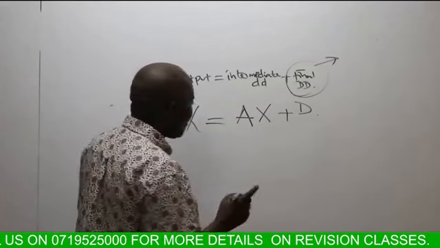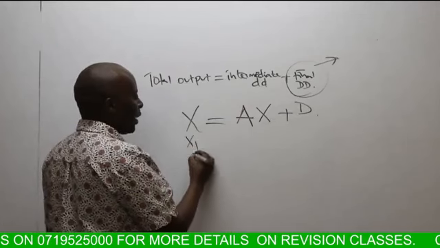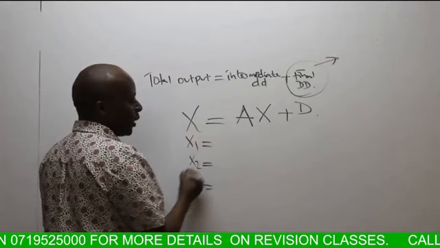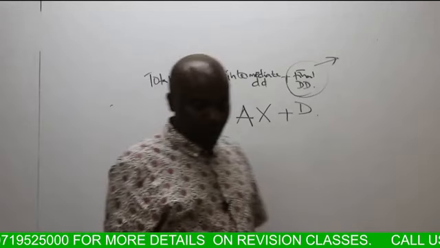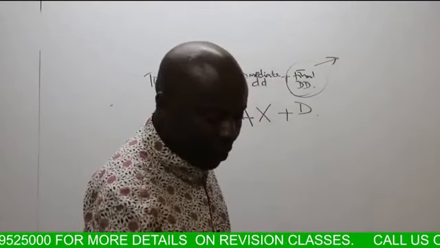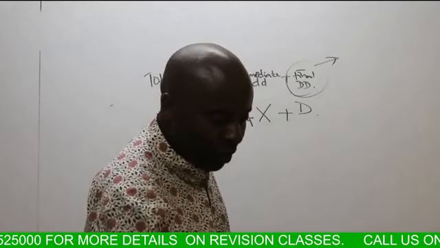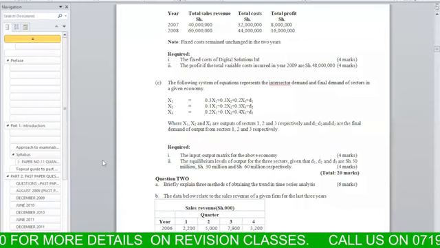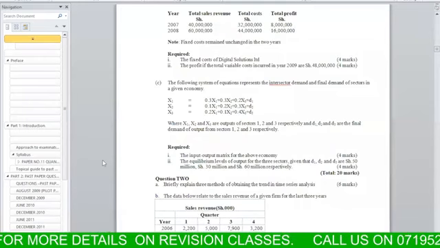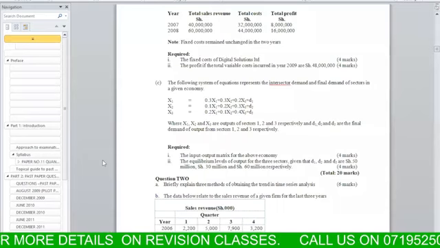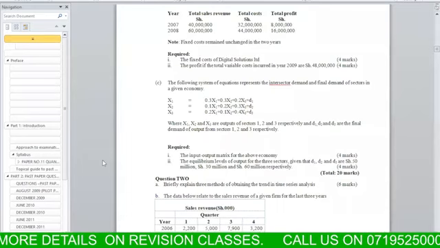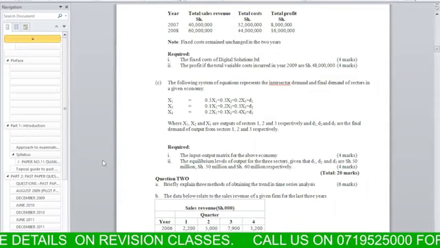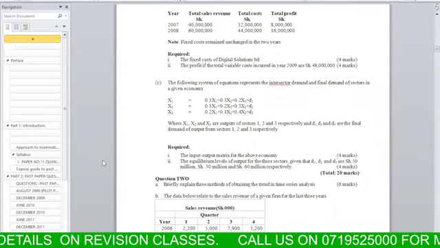So in our case here, we have got three sectors: X1, X2, X3. And they have given us equations here. In equation 1, we have 0.3x1 plus 0.3x2 plus 0.2x3 plus D1.